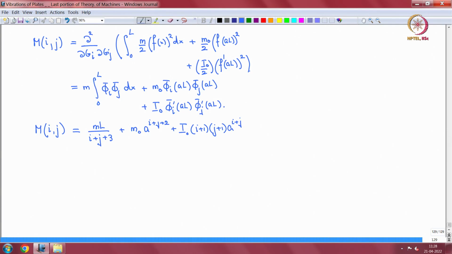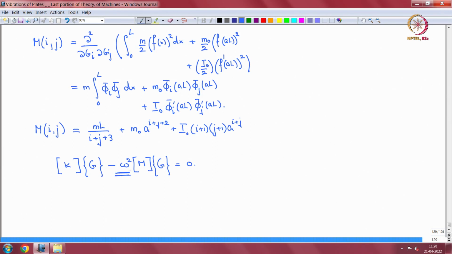Okay. Then you form the generalized eigenvalue problem, k into g minus omega square m into g, and set it to 0. When you solve this, you will get estimates for the natural frequency.